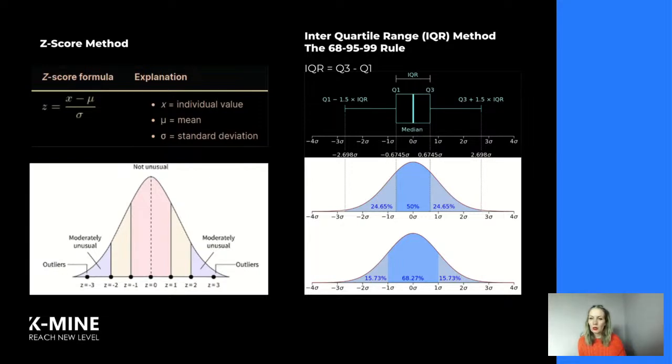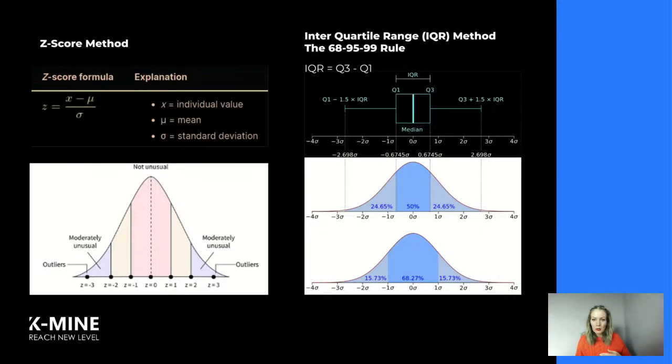So here's how you use the interquartile range. First find the first quartile, which is Q1. Then find the third quartile, which is Q3, and calculate IQR. So it's Q3 minus Q1.